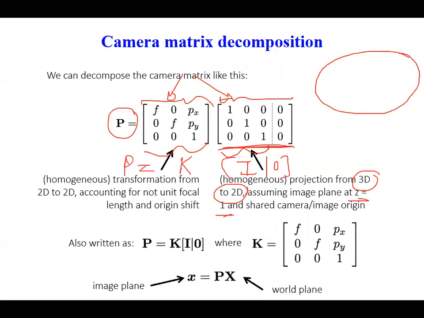And this will be equal to P. So from now on, P is equal to K multiplied by my identity matrix and then the column 0. This I is 3 by 3, and this 0 is 3 by 1. So it is the same matrix P, but I wrote it a little bit differently.